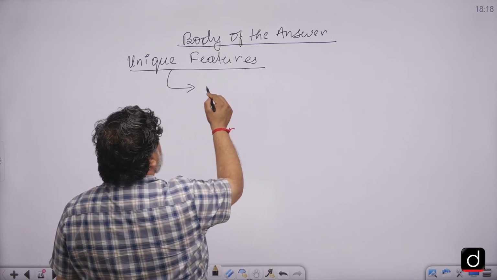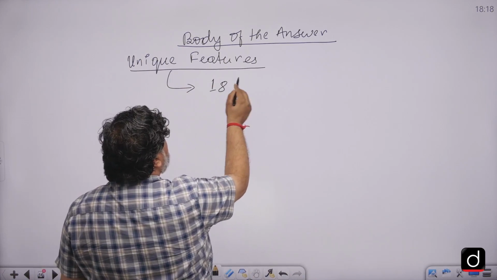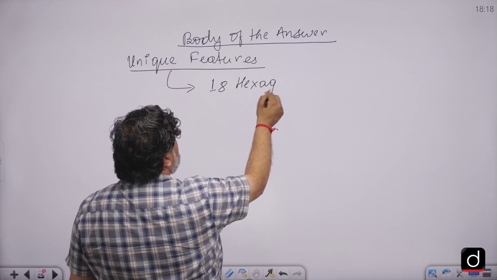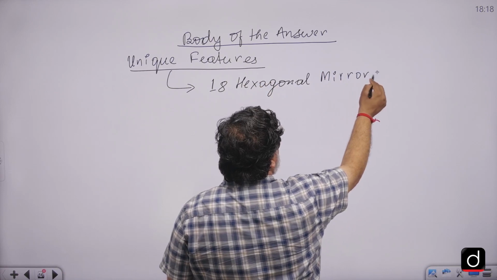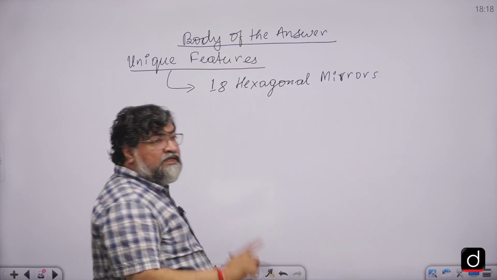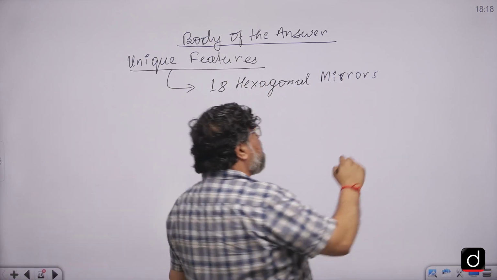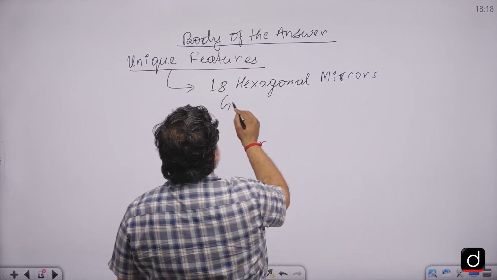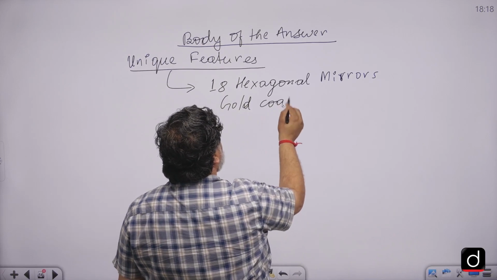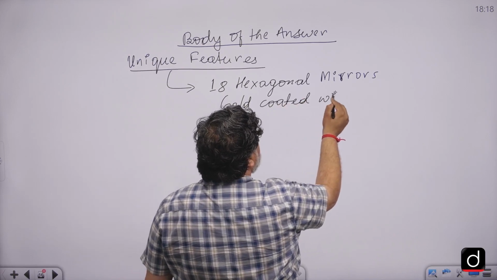The first thing is that it has 18 hexagonal mirrors, right? 18 hexagonal mirrors, gold coated, with beryllium.